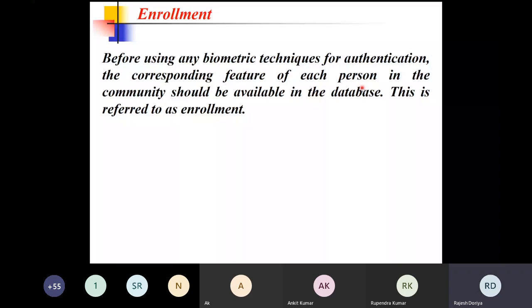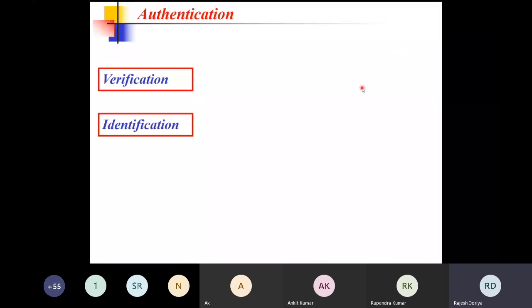Then the authentication can be done in two varieties. The first one is verification and the other one is identification. Verification means we are trying to match one to one. If we are trying to match one to many, then that approach is called identification. For example, we may have a database, and from the database we want to match the face of a person.